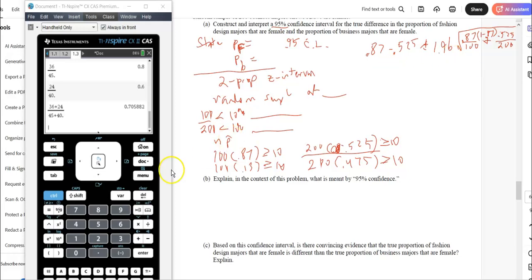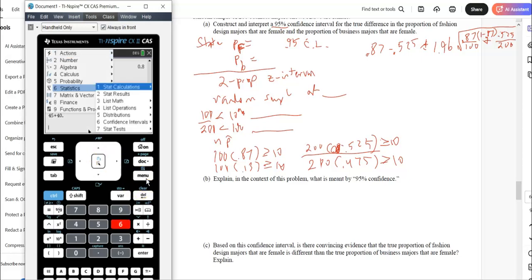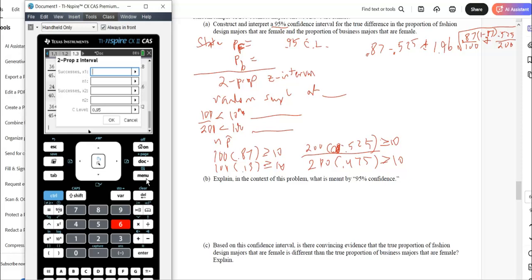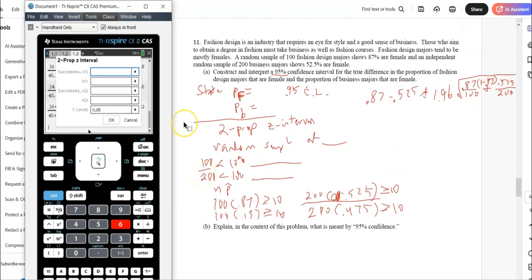And you're going to type that in your calculator. I'm just going to do this the old-fashioned way here and go menu 666, I believe it is. Number of successes. So that was 87 for the first one, 87 out of 100.